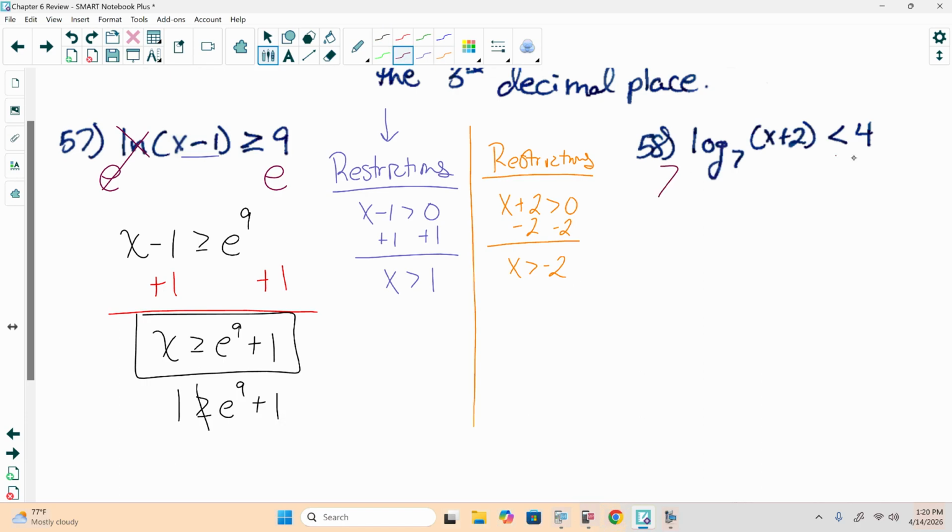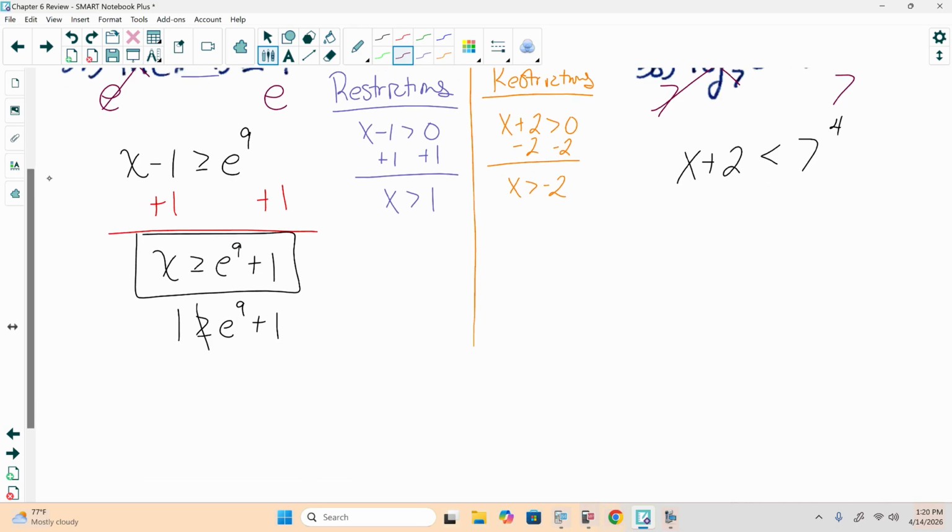Now to solve it, we're going to put both sides to the base of 7. 7 to the log base 7 simplifies out, telling me that x plus 2 is less than 7 to the 4th. Is 7 to the 4th power a nice number?